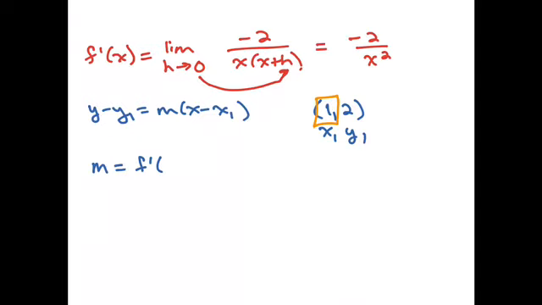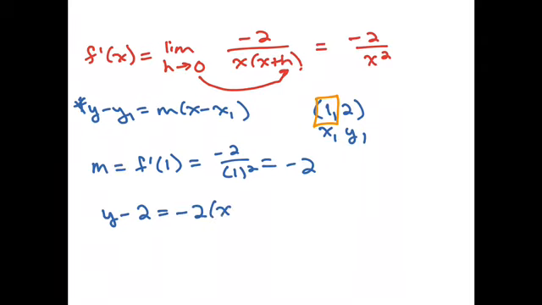Because that's where we want to draw the tangent line to this curve. So I'll evaluate my derivative at 1, which would be -2 over 1 squared is just -2. And now I plug these values into this equation here. So I get y minus 2 equals -2 times x minus 1.